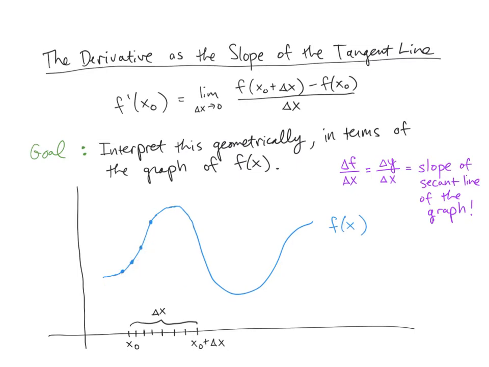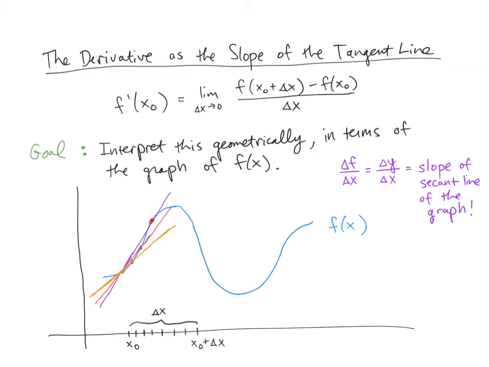Now I don't want the picture to be too crowded, so we're only going to look at a few points. We're going to take a few of these points, look at their images up on the graph of the function. That goes to there, that goes to there, that goes to there, and we'll look at the corresponding secant lines and think about the slope. So I've drawn in a few of the secant lines.